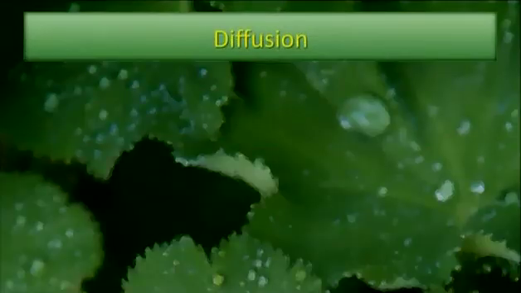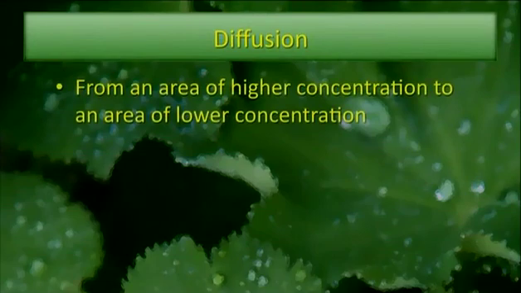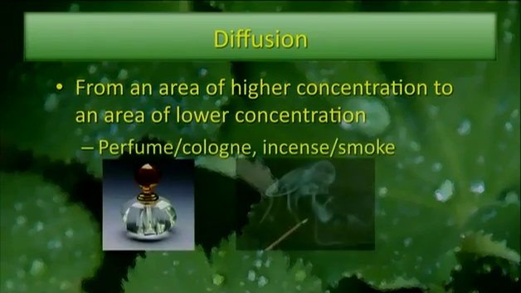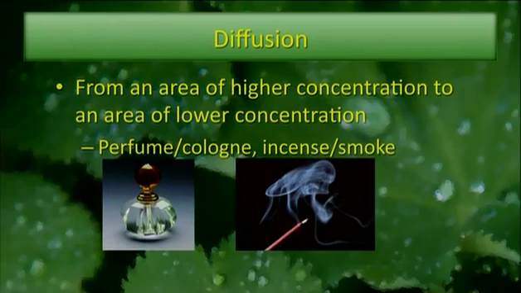All right. Now, diffusion is the movement of a substance or molecules from an area of higher concentration to an area of lower concentration through random motion. So molecules become distributed within the space available, right? Such as perfume or cologne.